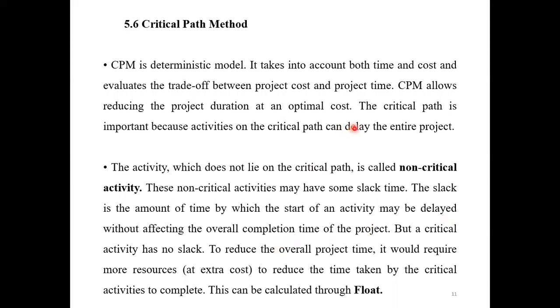But in the critical path, any delay will delay the entire project. A critical activity has no slack. To reduce the overall project time, it would require more resources, that means extra cost, to reduce the time taken by critical activities. This can be calculated through the float, so we have to calculate the float for each and every activity.